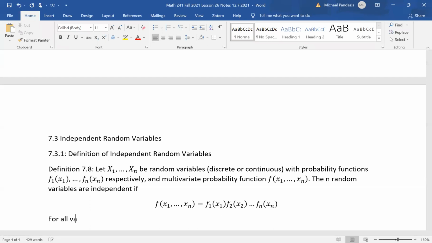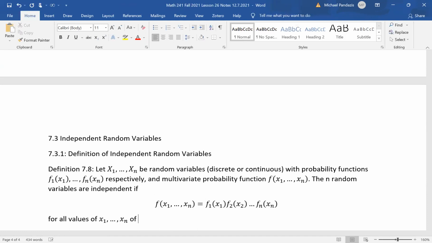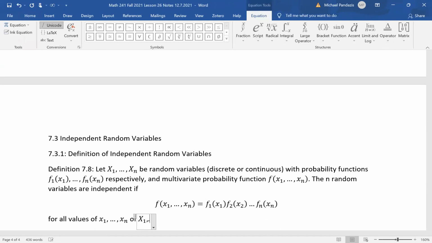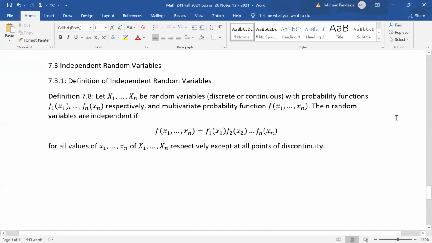And that's for all values of x1 to xn of capital X1 to capital Xn, respectively, except at points of discontinuity, in which case you don't need that equation to hold there.